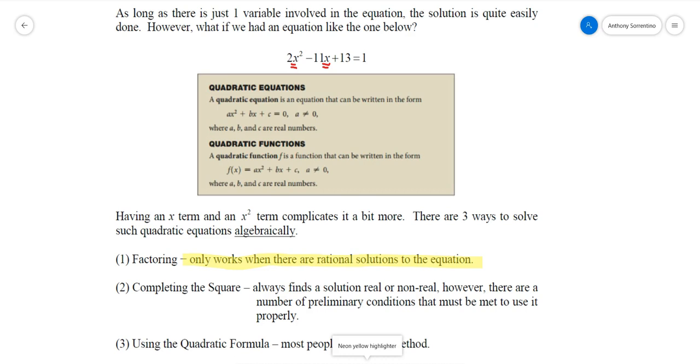It doesn't mean there's not going to be a solution, just that the solution is not going to be rational. And therefore, I would try this method and find out only that the method doesn't work. If the method doesn't work, I cannot conclude that there's no real solution or that it will have complex solutions. And even if I come to that conclusion, I still want to figure out what those solutions are.